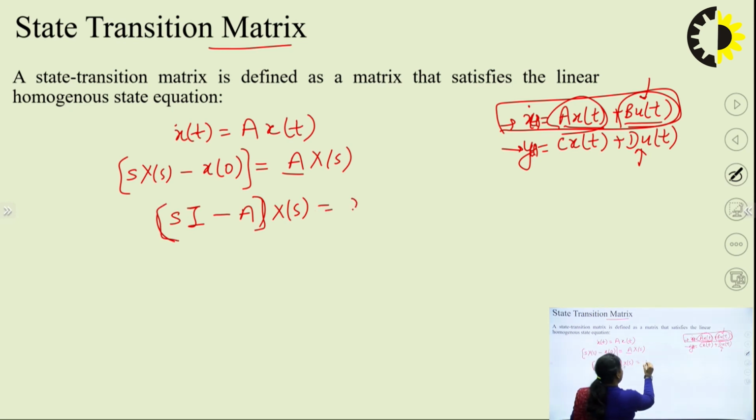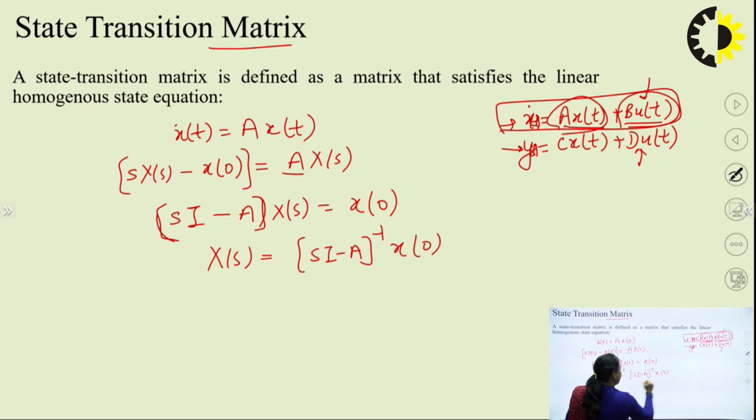is equal to x0, where x0 is the initial state of the system, and so X(s) can be written as (sI minus A) inverse into x0, where this (sI minus A) is a non-singular matrix.